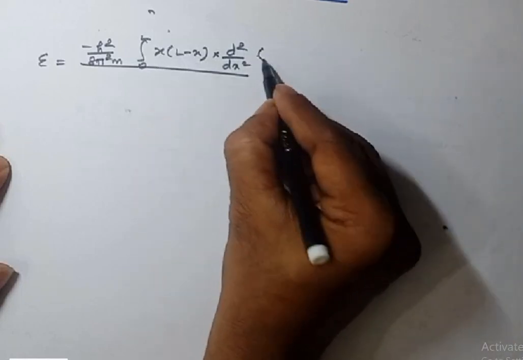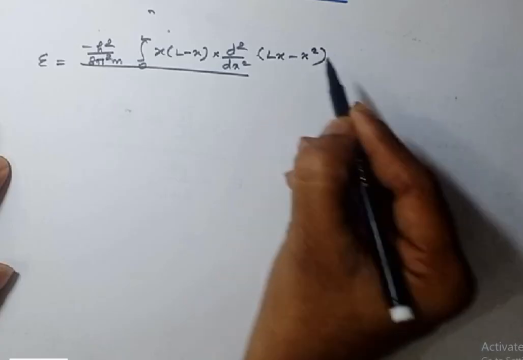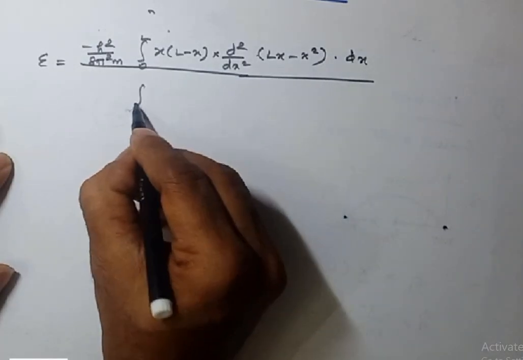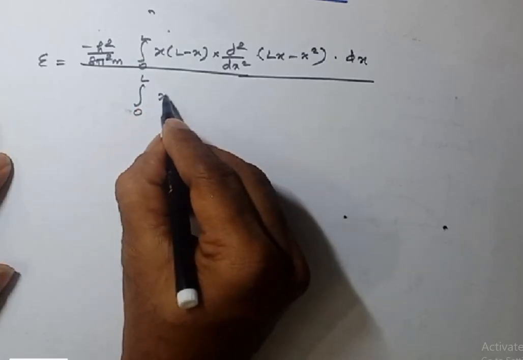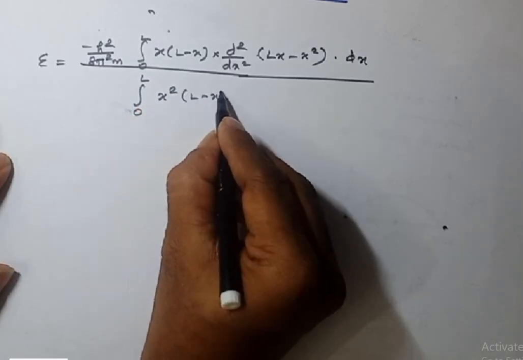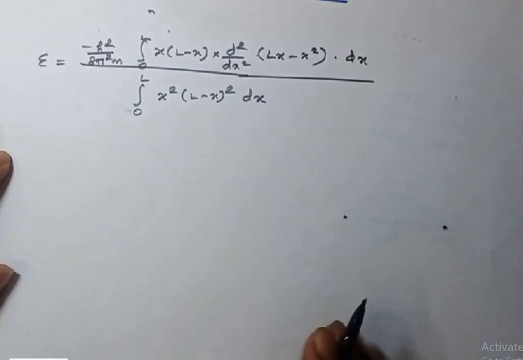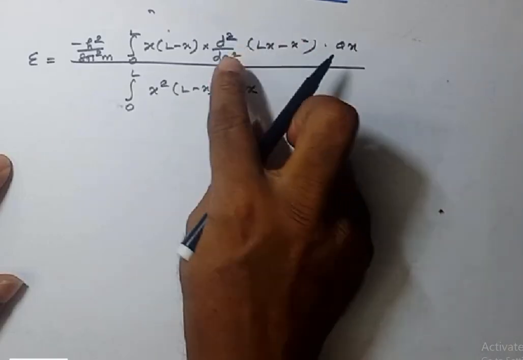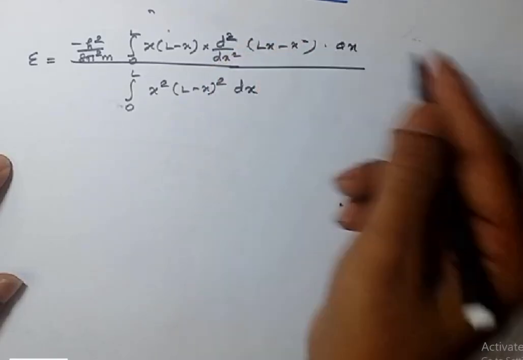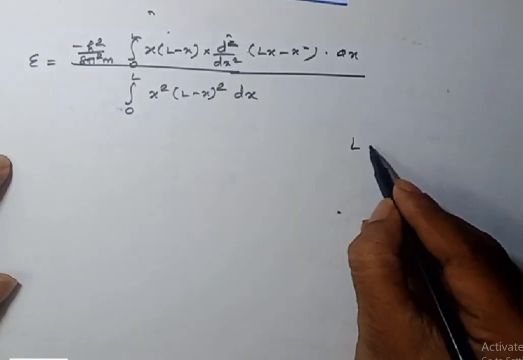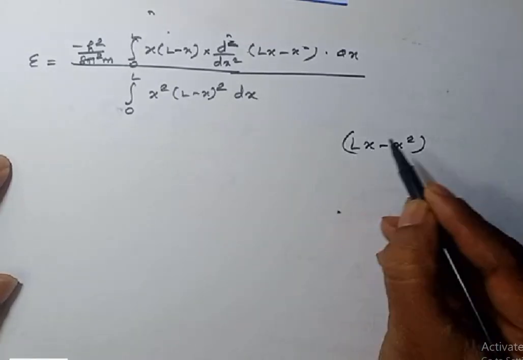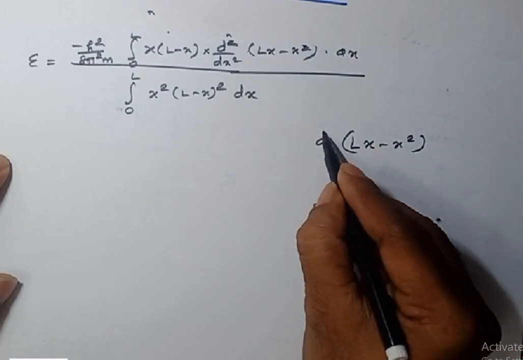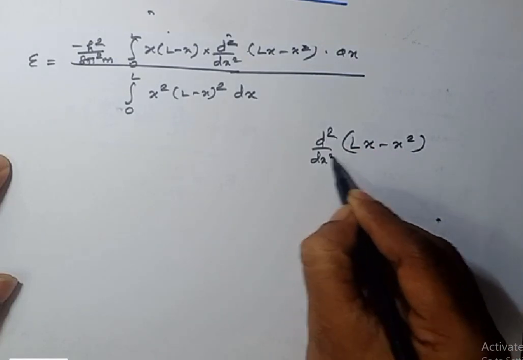If you multiply inside, I get Lx minus x square into dx, divided by, in the denominator, integral 0 to L of x square into L minus x the whole square into dx. Now first we apply this operator here. What is meant by that? We should differentiate this two times. So I have Lx minus x square, and we have to differentiate it, d square by dx square.